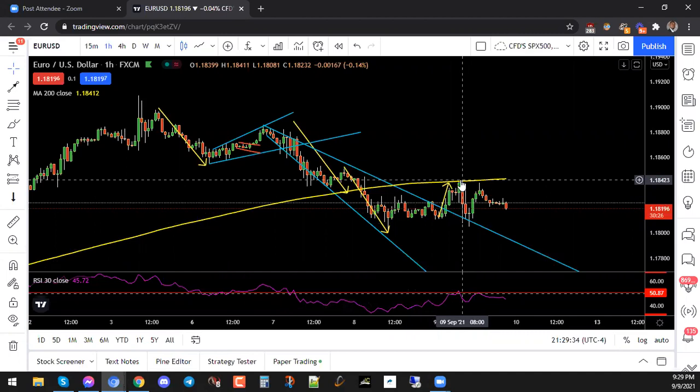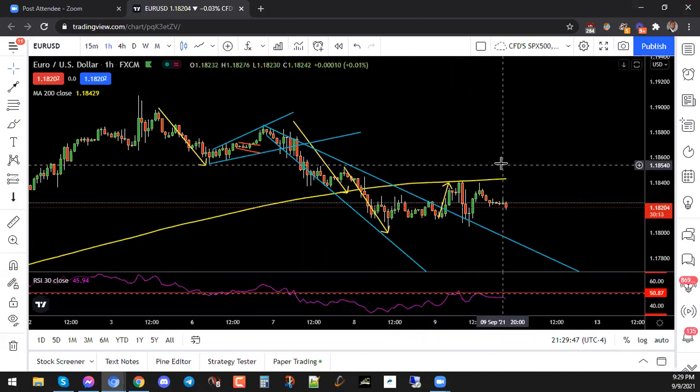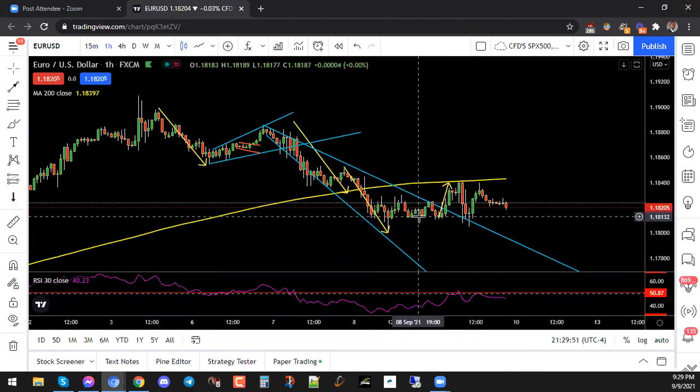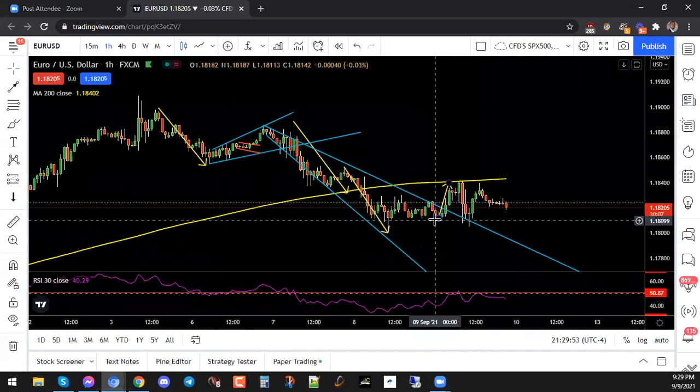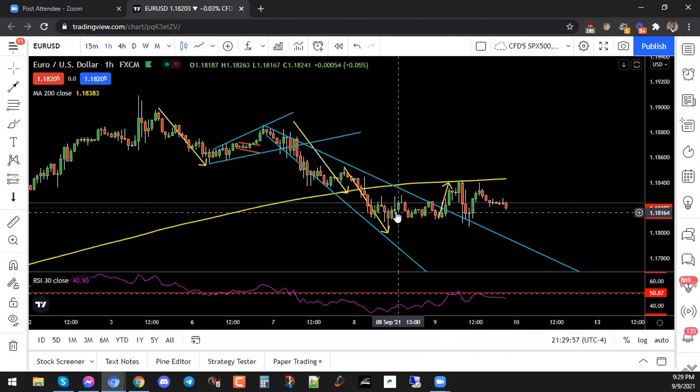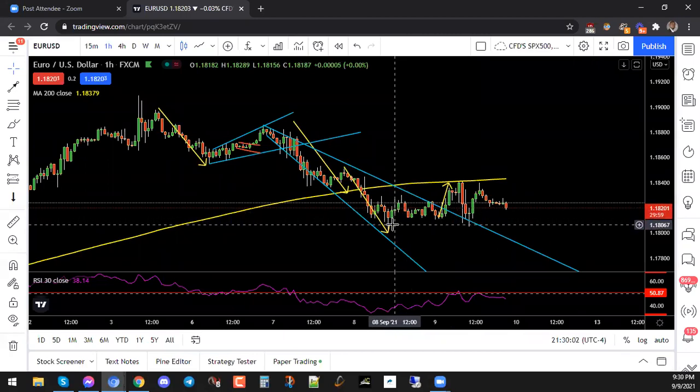We're mainly looking to trade on the impulsive side of the market. Even if it means that we're trading inside of a corrective formation, we want to be trading on the impulsive side of the market. So look at this. Around here is 12.